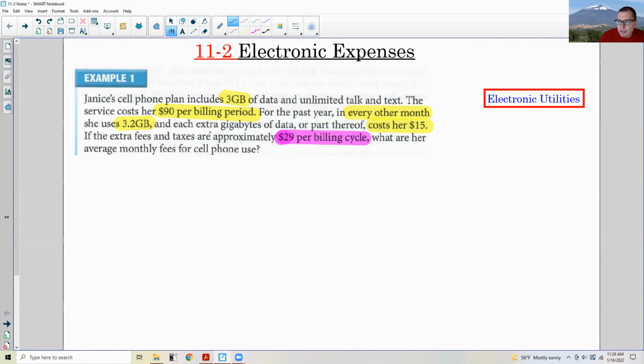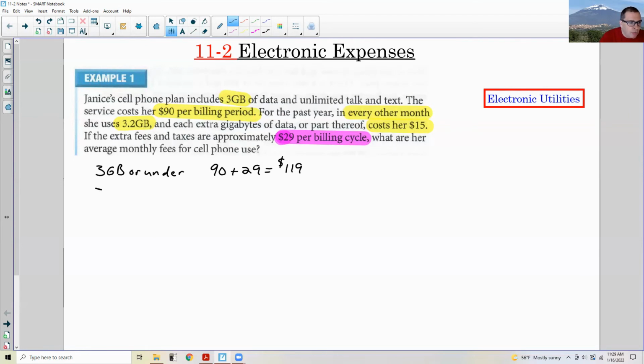So if it's 3 GB or under, this is one scenario, then it's going to cost $90 plus her $29 billing cycle, which equals $119. So on those months she did not go over 3 gig, it is going to cost her $119.